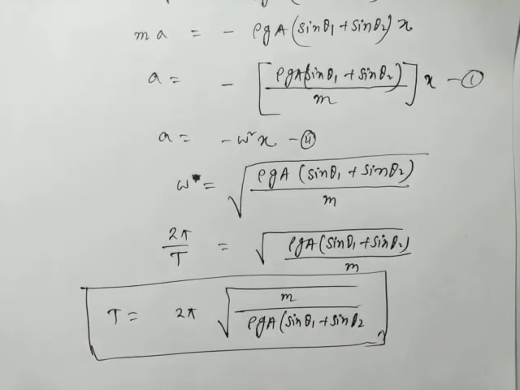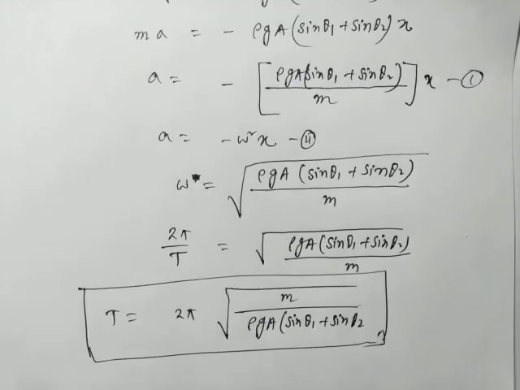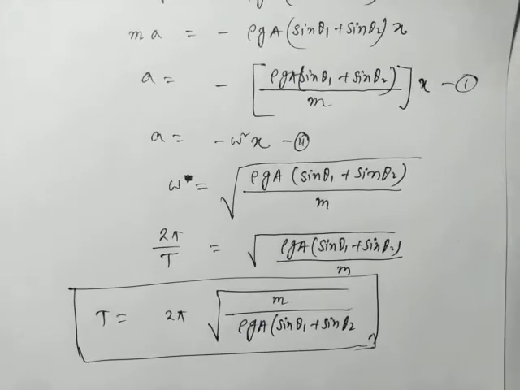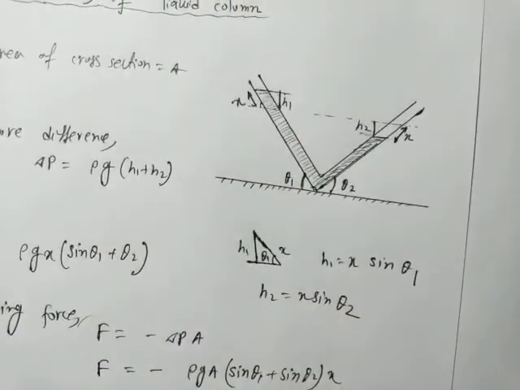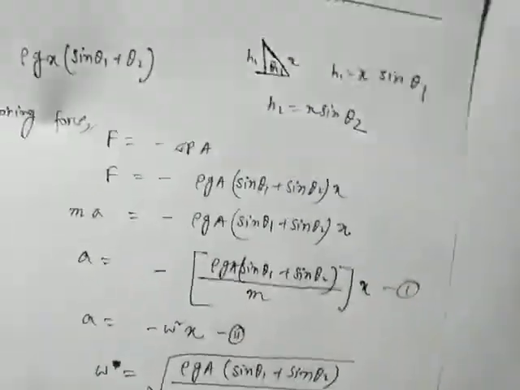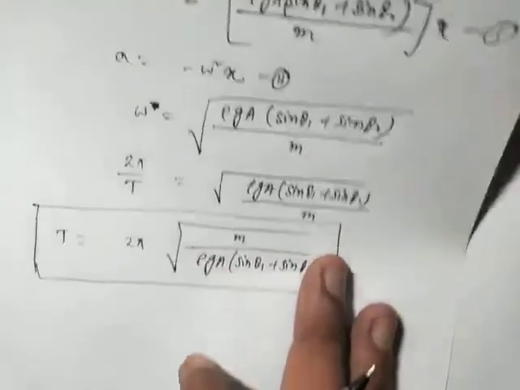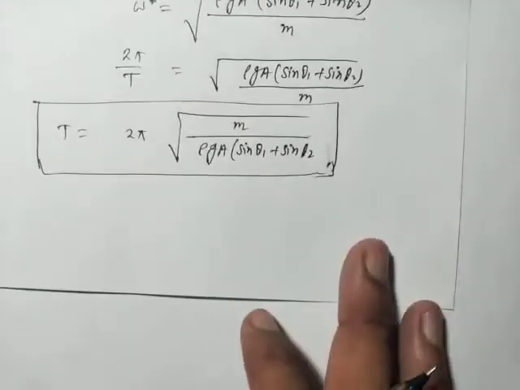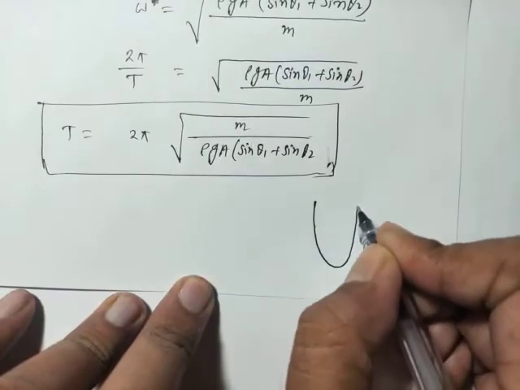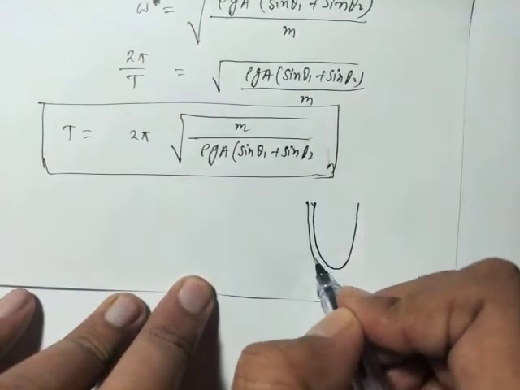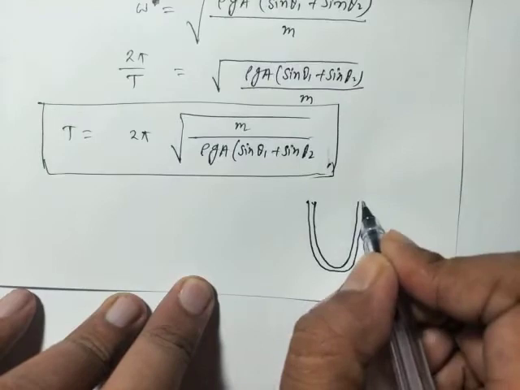Now if we want to know the time period for the U tube, where the shape of the tube is U shaped, then what will it be? For a U shape, let me take it like this.